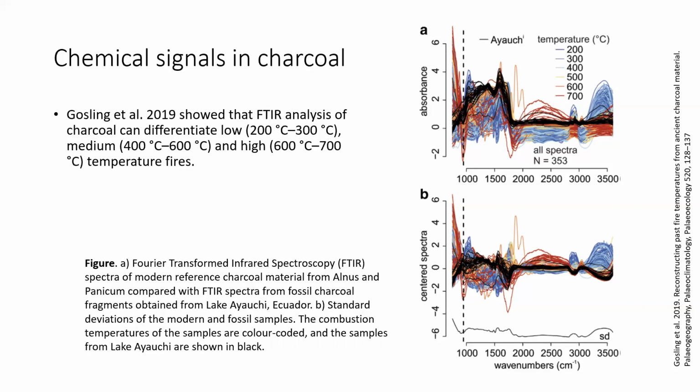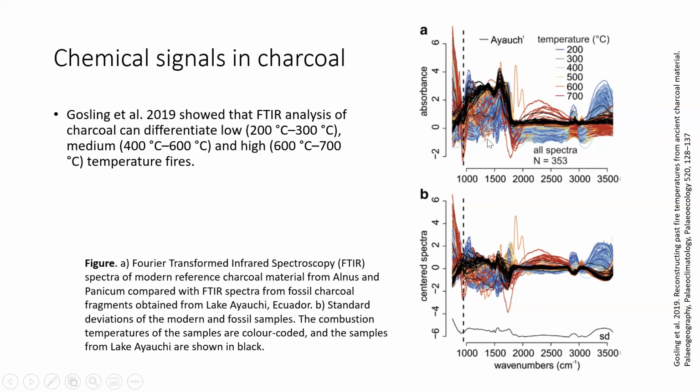And then they measured the spectral signatures from those charcoal fragments. They also obtained sedimentary fossil charcoal fragments, measured those also with infrared spectroscopy, and then compared those results. From here, you can see the spectral analysis showing the different colors, so the different temperatures of the different classes and the samples that they used.